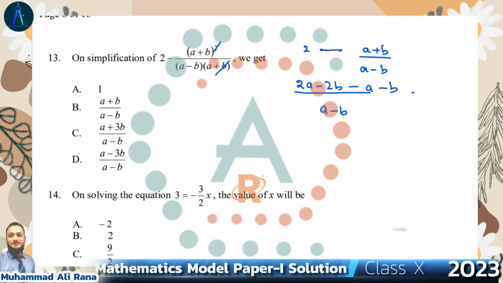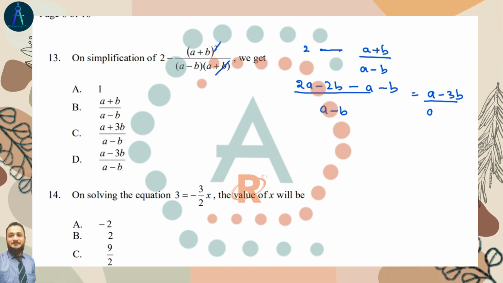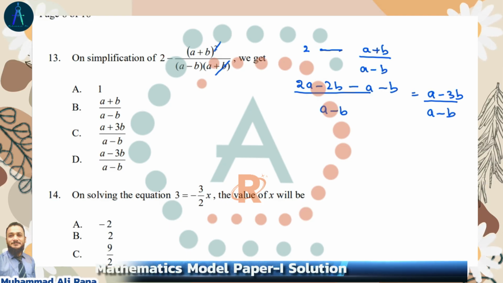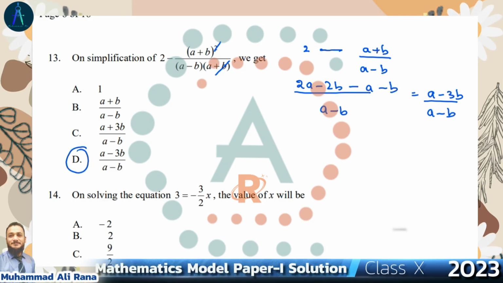So 2a minus a will become a and 2 minus 2b minus b will become minus 3b divided by a minus b. So in this way, option D seems to be our right answer.